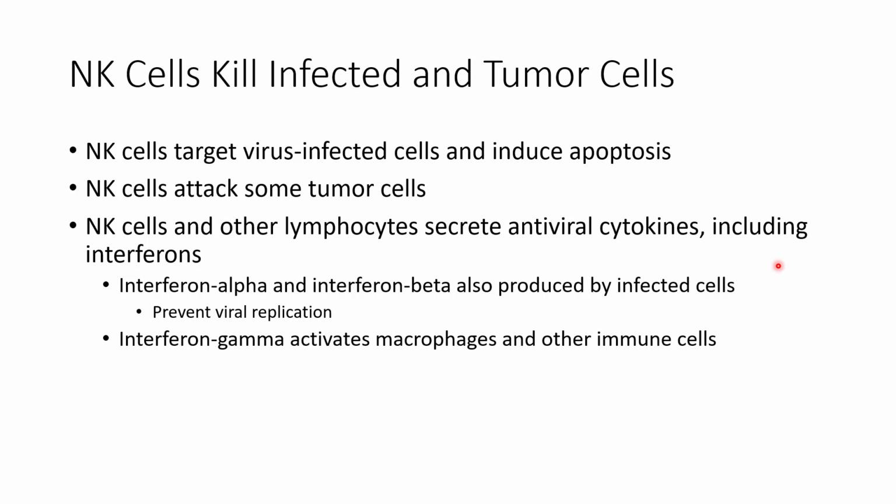Let me speak a little bit further about natural killer cells. I said these were the secret police that are identifying their own troops that have turned. What we mean by that is they can target two types of things: either virus-infected cells or tumor cells. With virus-infected cells, when they find them, they induce apoptosis, which is cellular death. Just like the secret police, they don't necessarily do the killing themselves.